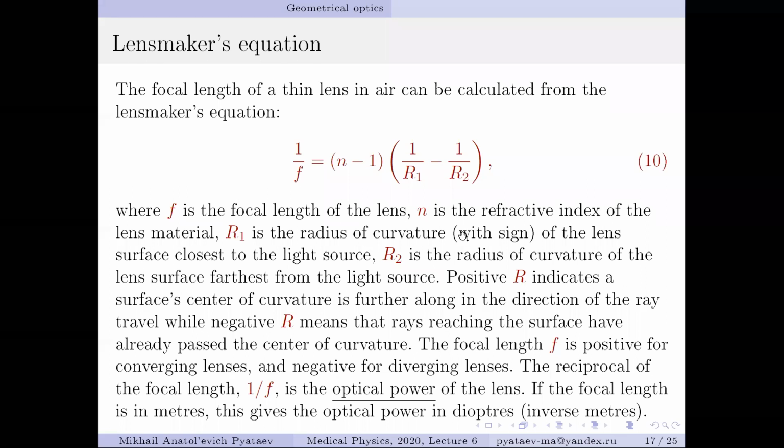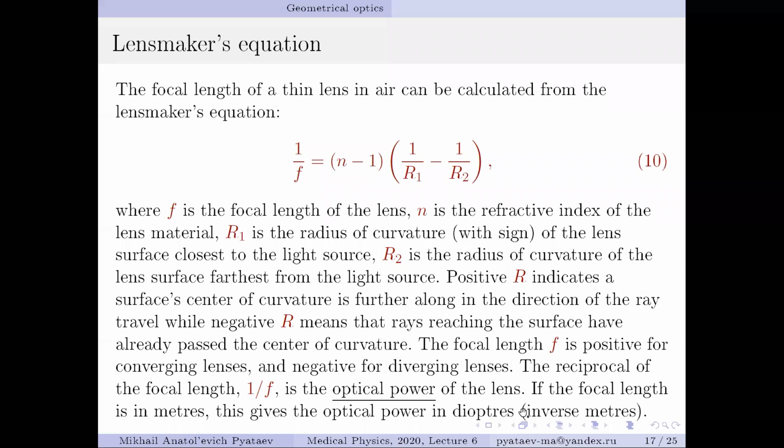And the value of 1 divided by f is called the optical power of the lens, and it is measured in diopters.